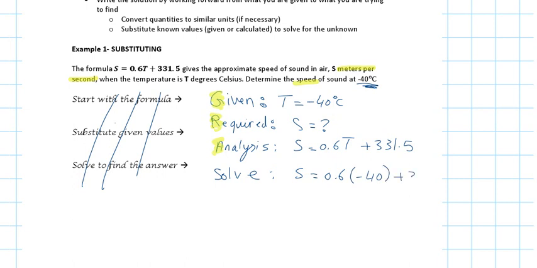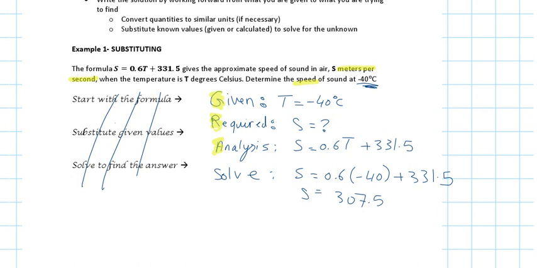I solve, right? So I have to do add 300. Can you tell me what the solution is? That's a negative.